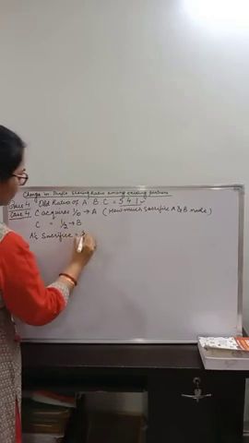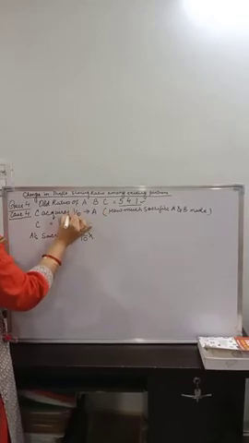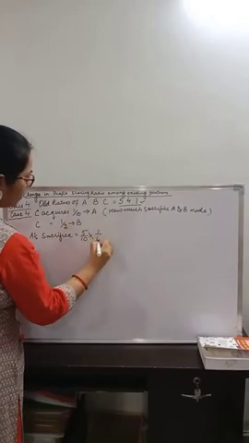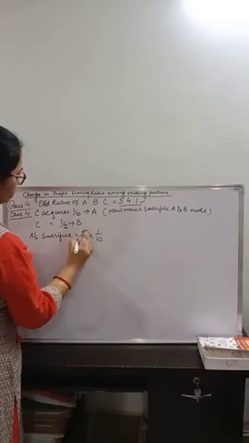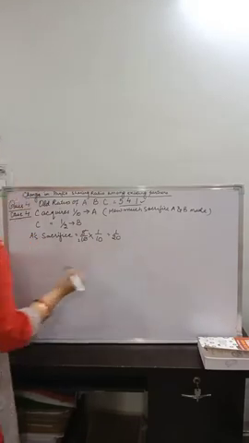Now for this, what you have to do is find out A's sacrifice. This is 5 upon 10, which is your old ratio, and how much is he giving to C? He is giving 1 by 10 of it. So this comes out to be 1 by 20.